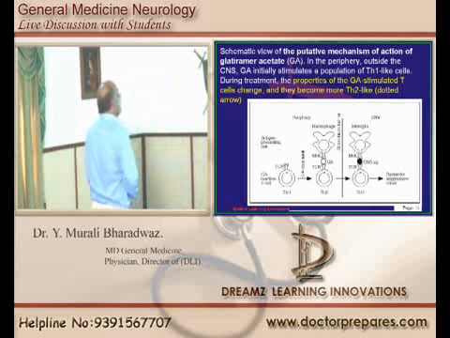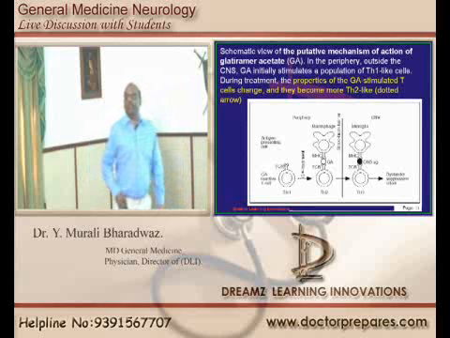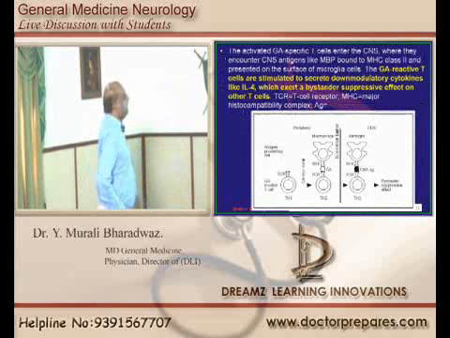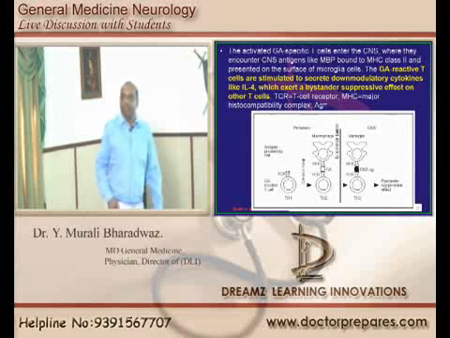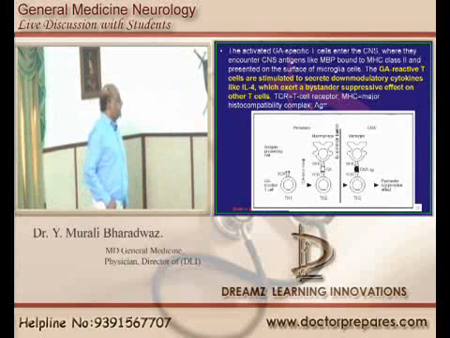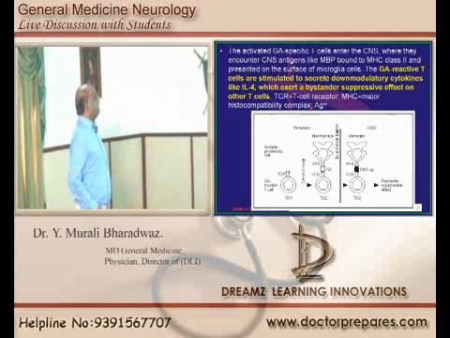How does glatiramer do that? Glatiramer is like a decoy. It will come and typically do what is called a bystander suppression effect. It will convert the reactive T cells.